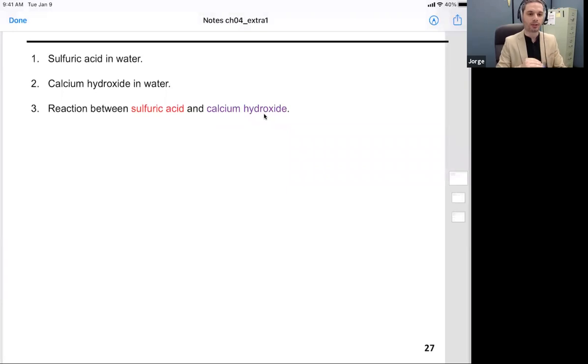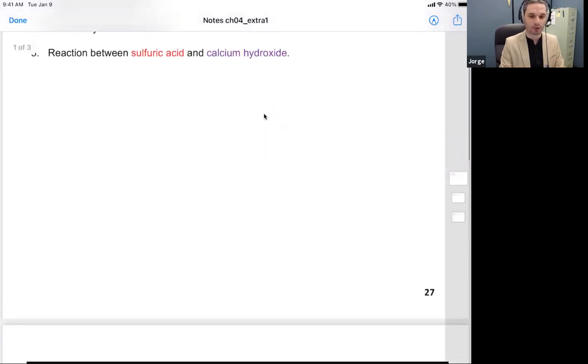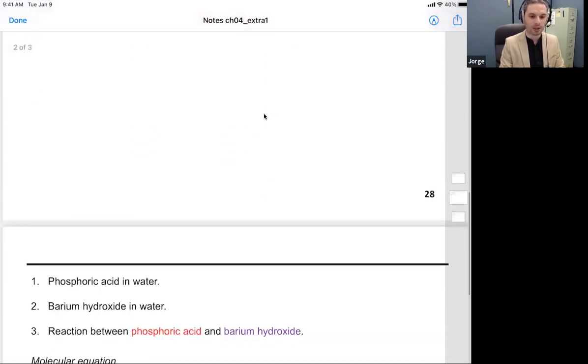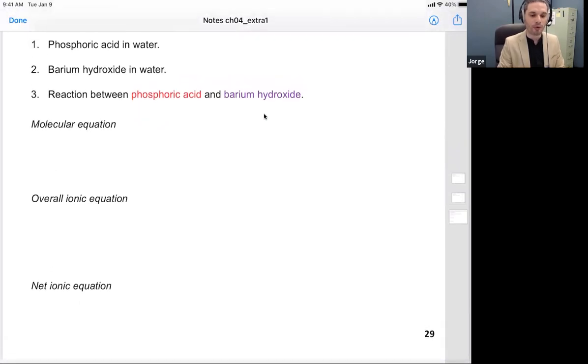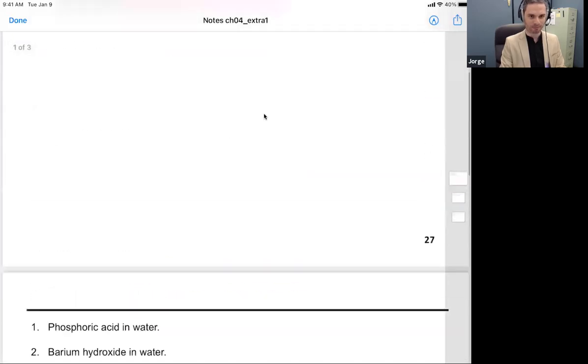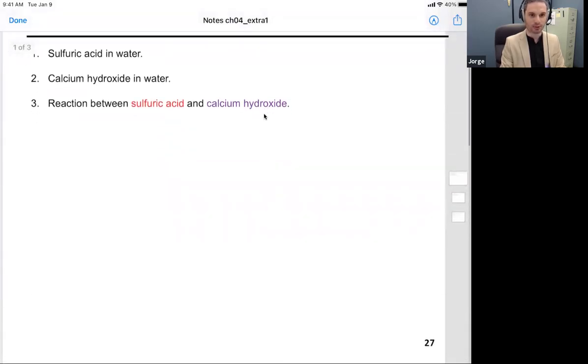First, write the reaction between sulfuric acid and water, what happens. Same for calcium hydroxide. And then the reaction between sulfuric acid and calcium hydroxide. And for that, I would like you to show me the molecular equation, overall ionic equation, and net ionic equation. Okay, so let's do that.